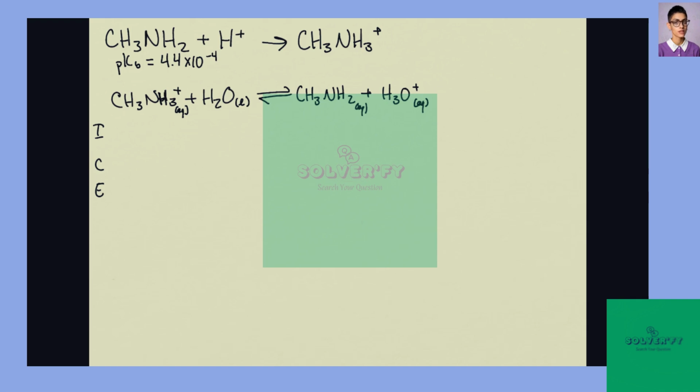Now in order to find the initial value for CH3NH3+, we need to look at our problem and see how much is formed from the CH3NH2 and HCl added throughout the titration until we get to the equivalence point. So we know we start with 0.1 molar CH3NH2 and 0.1 molar HCl, which also implies 0.1 molar H+ ions.